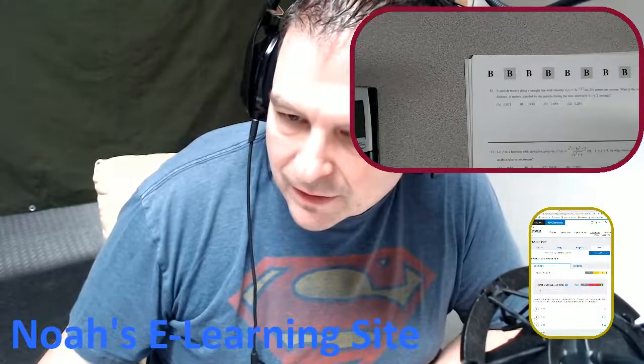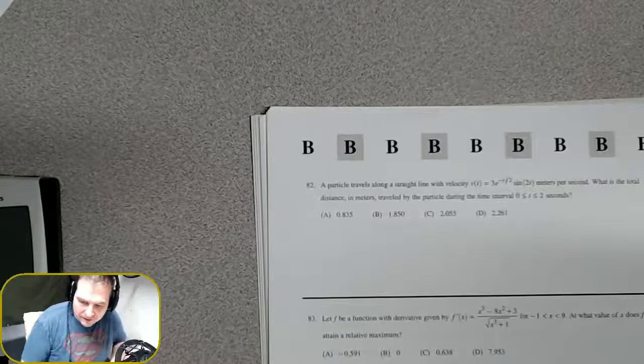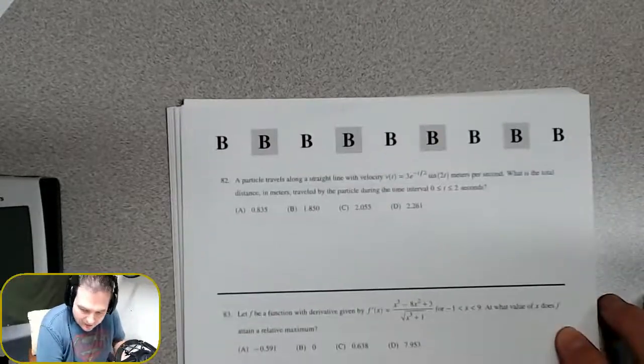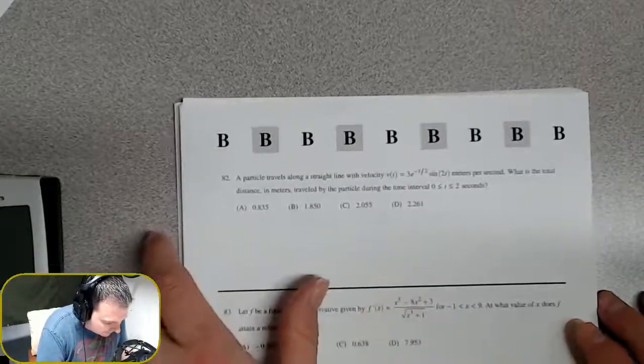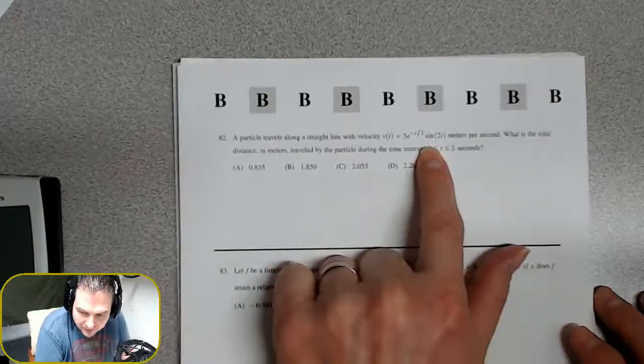All right, take a look at the document. This is 82, and a lot of people got this one wrong. This is kind of a tougher one. There's a lot of work to be done here.